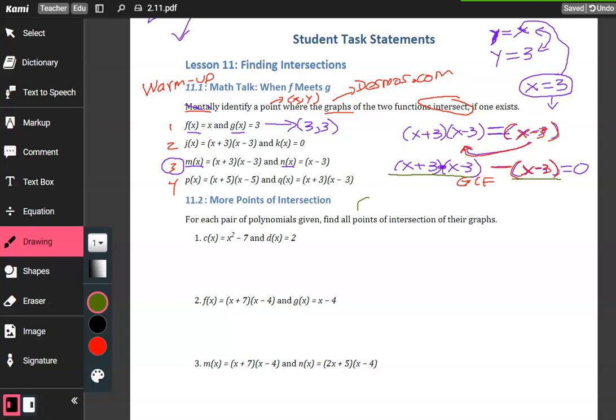Well, they have an x minus 3 in common. So you take that out and you leave whatever's inside. The x plus 3 you didn't touch, so you leave it inside. Minus, if you factor this out, there's a 1 right there. So you leave it in there, equal to 0.